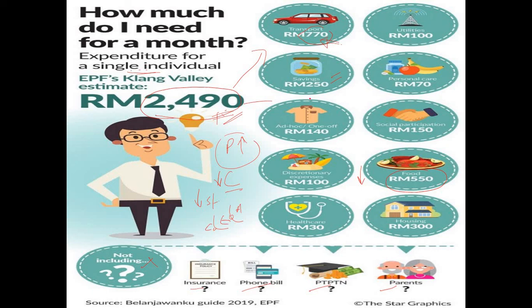But if you want to maintain the same indifference curve, remember, what it means is you want to maintain your standard of living, you want to maintain the same level of satisfaction, because if you go to point C, the satisfaction level is lower.